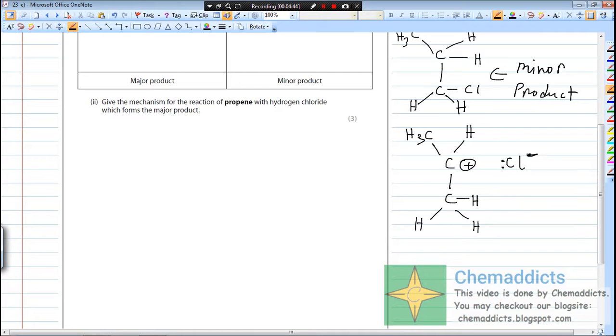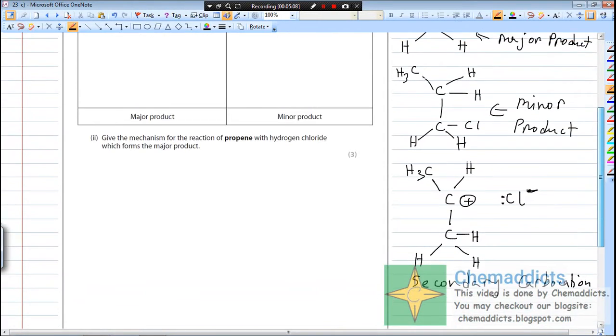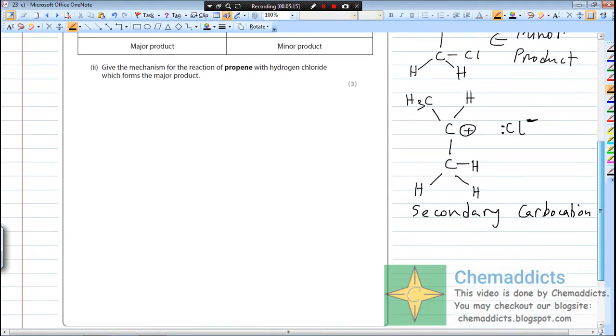Sorry, this is formed from this molecule, this carbocation. This carbocation is secondary. This carbocation is a secondary carbocation. So this is a secondary carbocation. Okay, and the other one is formed from a primary carbocation.